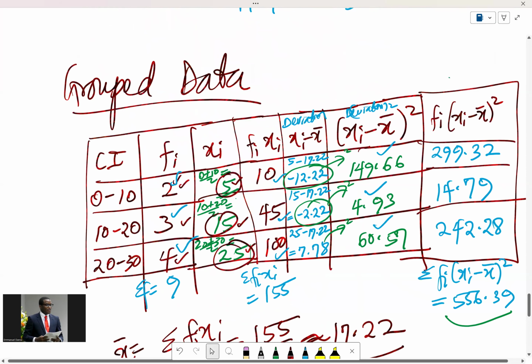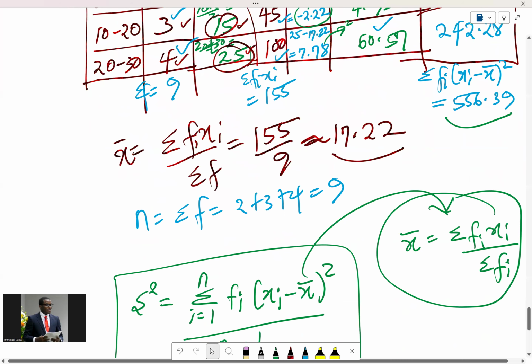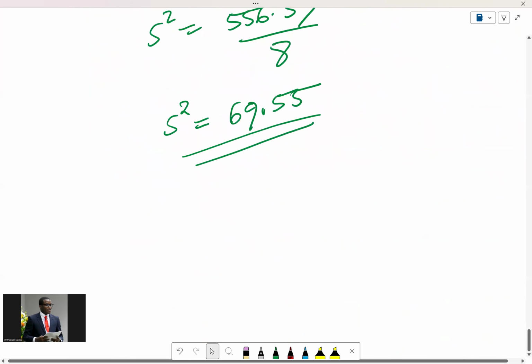So just look at the table. All of this requires practice so that you can get used to it. You don't have to put all these extra things I showed, all the 0 plus 10 over 2, because it will make the table messy. With a calculator, you can just go straight to the point and compute and put the values, as far as you know what to do.